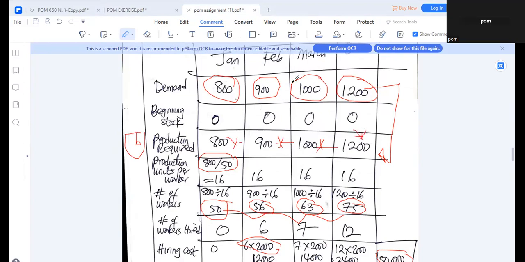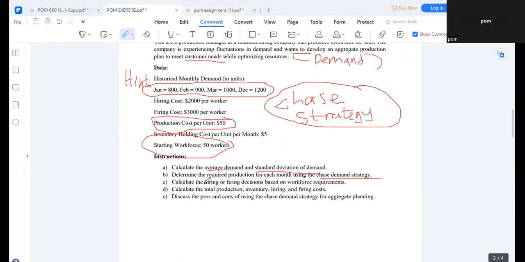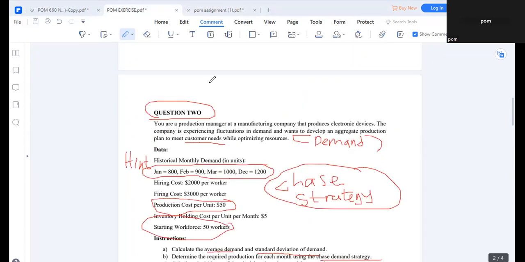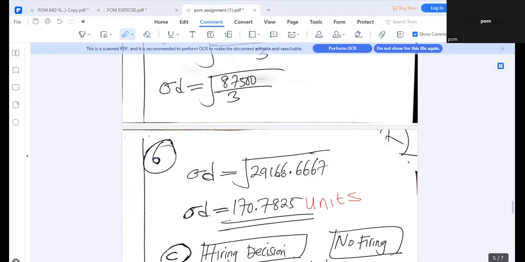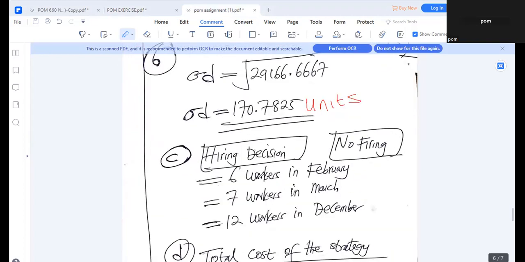Then getting down to the other one, where we are supposed to look at the calculated hiring and firing decisions, then the total cost of the plan. There was no holding cost for inventory because whatever we produced was demanded. And then we are simply saying that for hiring, we had 6 workers in February, hiring decision, no firing, 7 workers in March.